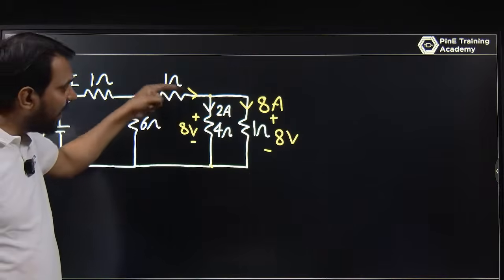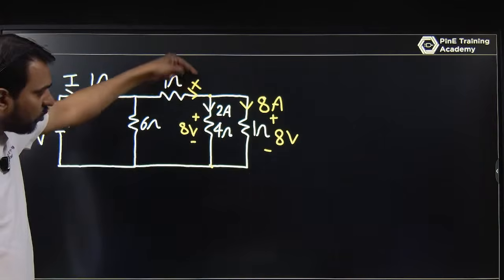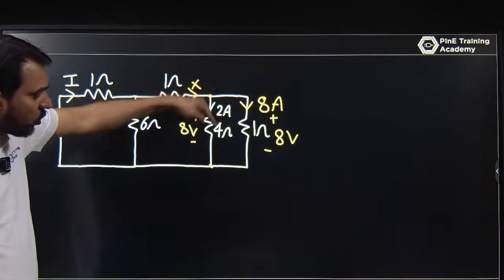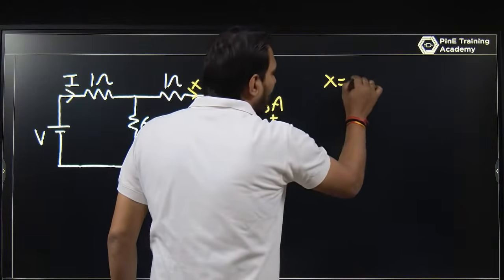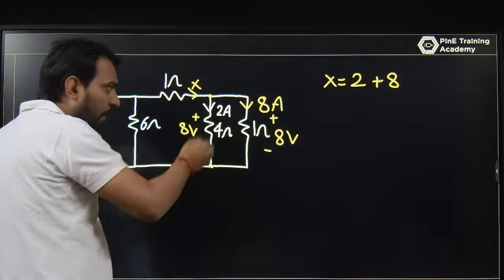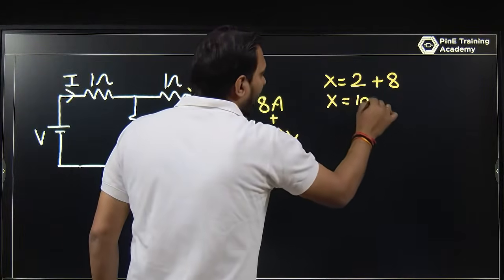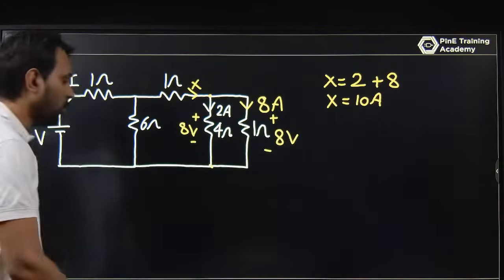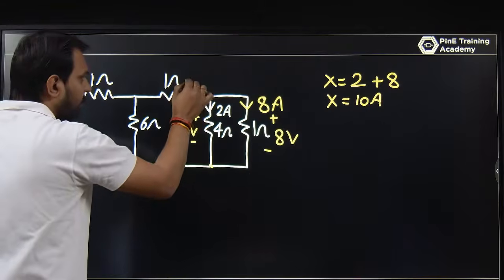Let the entering current be X. X is entering this node and the leaving currents are 2 ampere and 8 ampere. So X becomes 10 ampere.